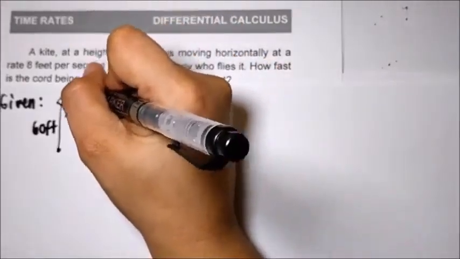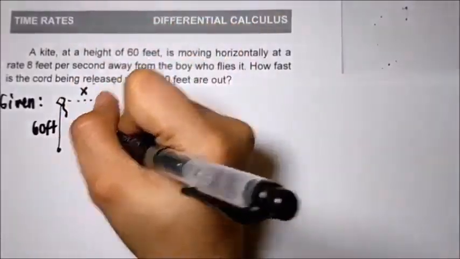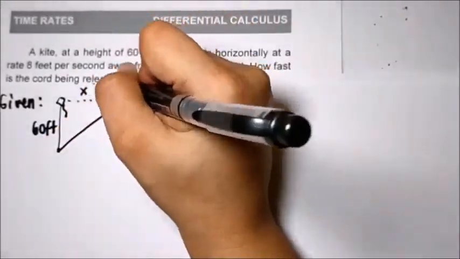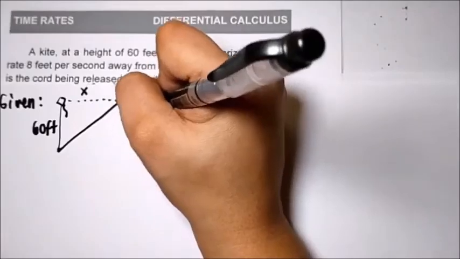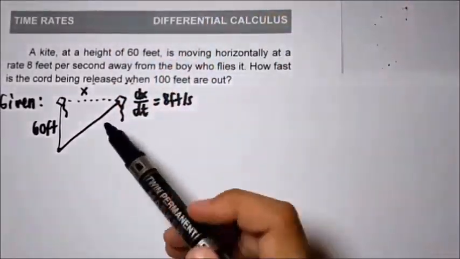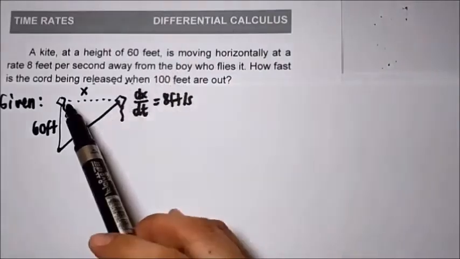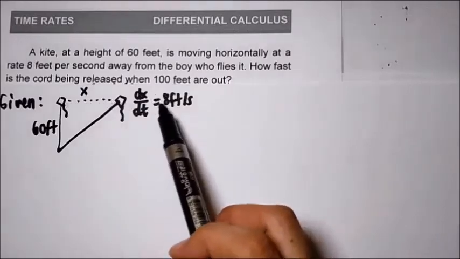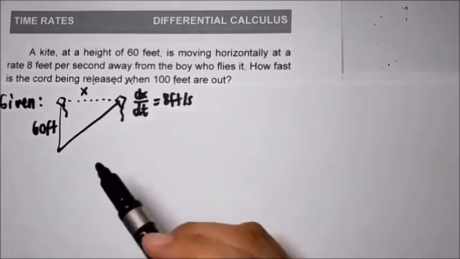Let's designate that horizontal distance as x. Let's say this would be the position now of the kite. So we have dx over dt, and it is given as 8 feet per second. It moves away from the boy, so the value of x is increasing, so it's a positive rate of change.